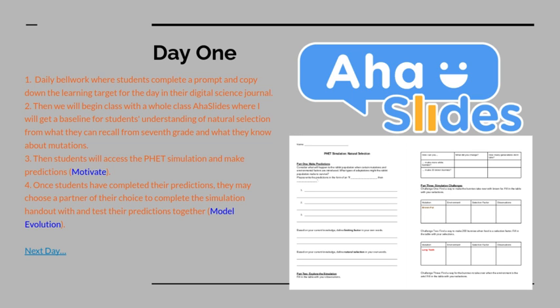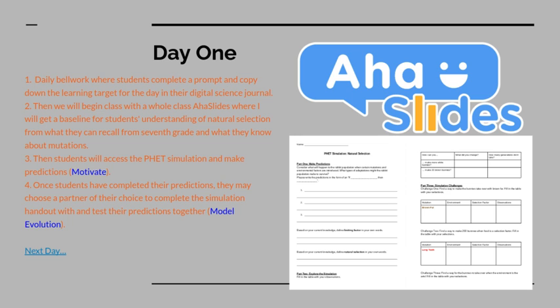So then we'll start with the AHA slides, where we'll have just a general recollection of what we can remember from 7th grade and see if we can put any definitions to natural selection together. Then we will access the PhET simulation, which we'll talk about later, but some of the classes will be doing that in partners, some will be doing it individually.